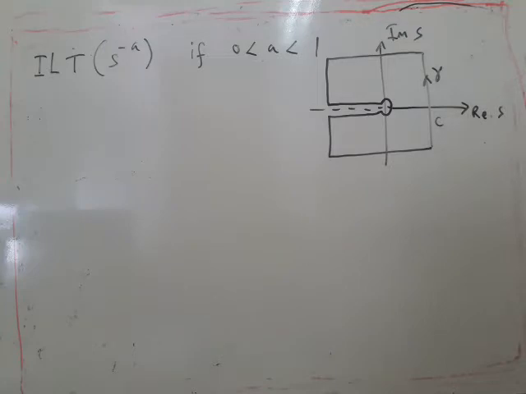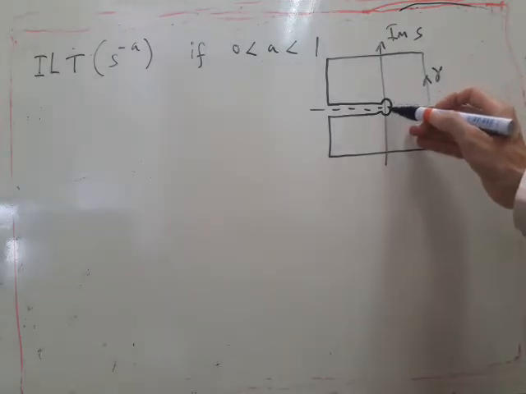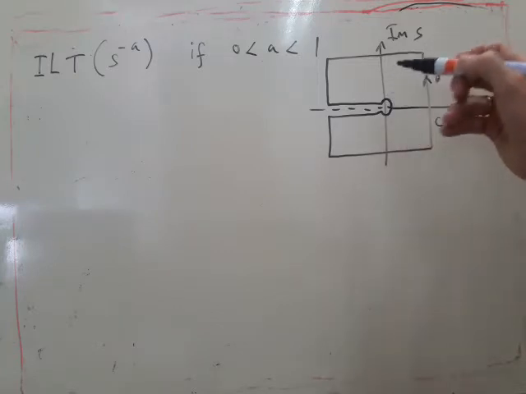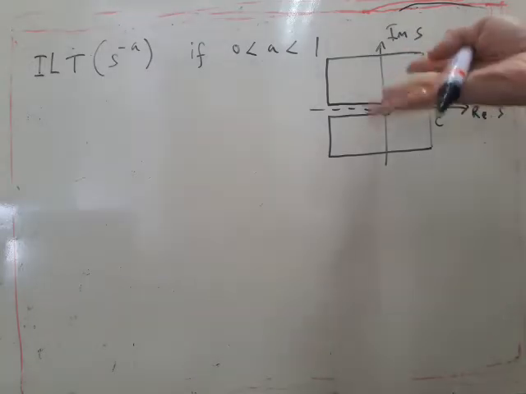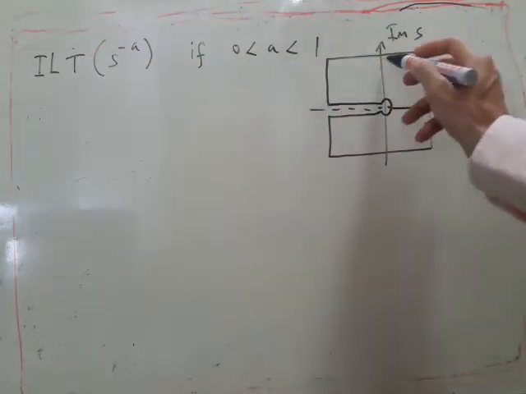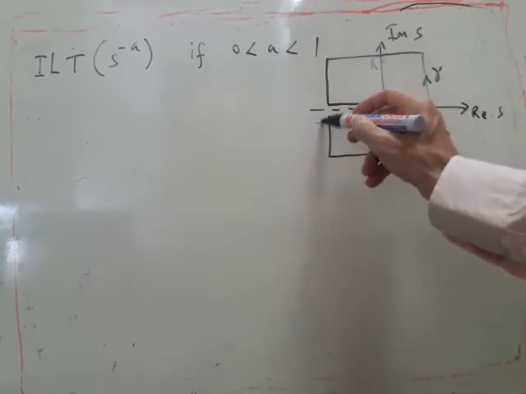It's not a pole because a is not an integer, it's just a singularity and also a branch point. So we need to be careful to check whether the integral around here is 0 or not. But there's no residues to work out. So this is R, this is minus R.